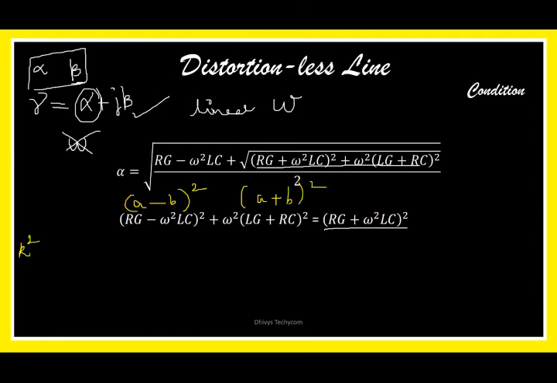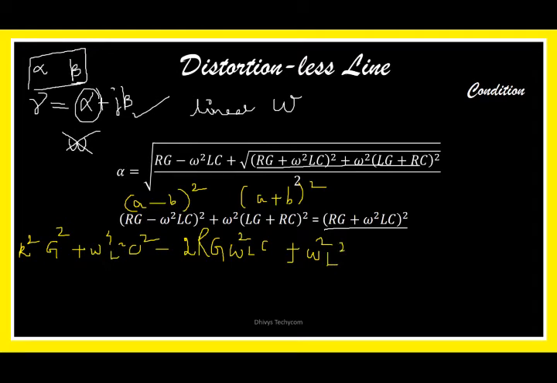It is R square G square plus omega 4 L square C square minus 2 R G omega square L C. Then if I expand this equation and multiply omega square inside, the first square term is Lg, so when I make it a square, it is omega square L square G square.